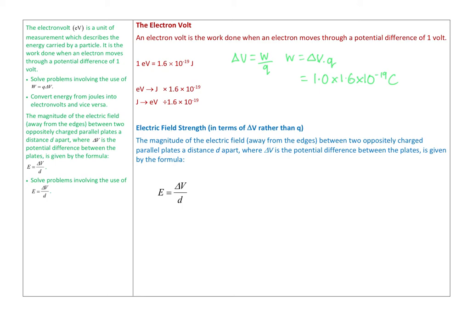The next thing that we need to go back and look at is electric field strength. But this time, not in terms of Q. In the last topic we introduced the concept of electric field strength and said it was defined as the force per unit charge. But now we want to define it in terms of the voltage.